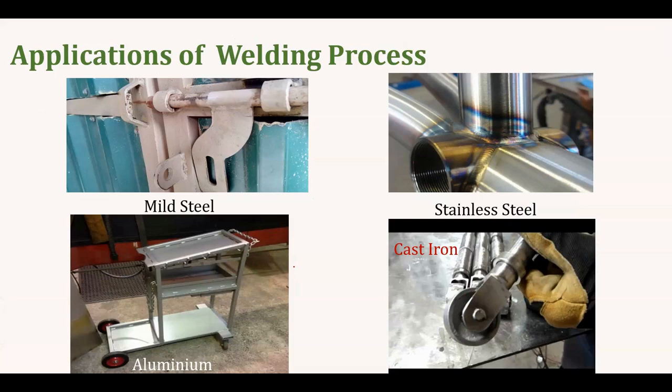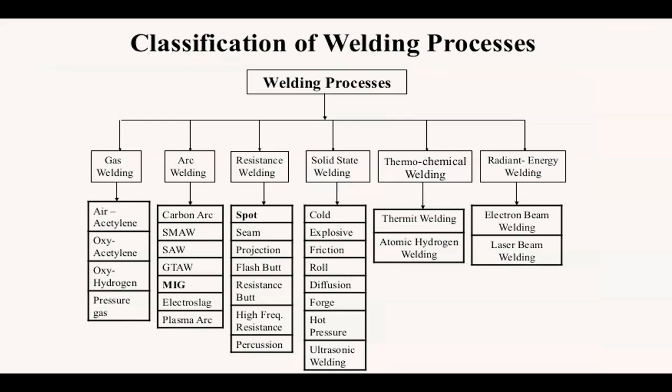And where are the applications of welding? There are plenty of applications, and there is no need to explain them. You can write whatever application you see in your day-to-day life, starting from household applications to engineering applications. There are a lot of applications for the welding process.